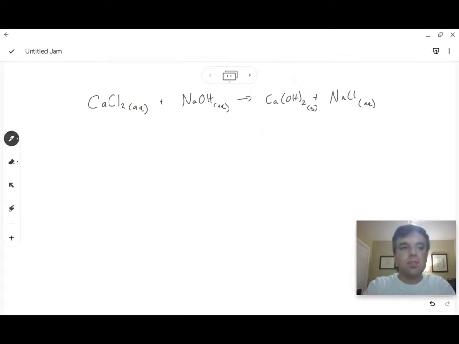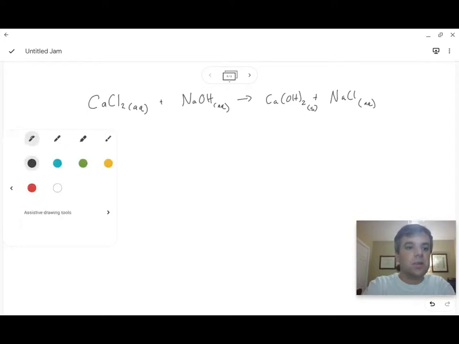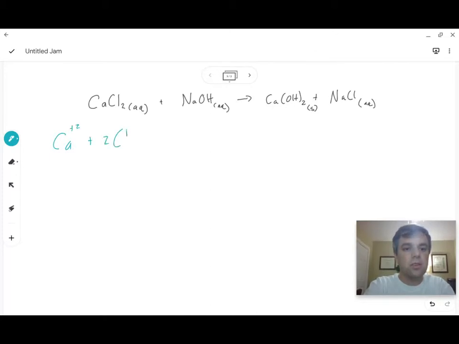So if we were told to write a complete ionic equation, we would break this apart into calcium ions plus 2 chloride ions plus a sodium ion. Actually, I'm looking at this equation and it's not balanced either, so we need to put a 2 right there, a 2 right there.